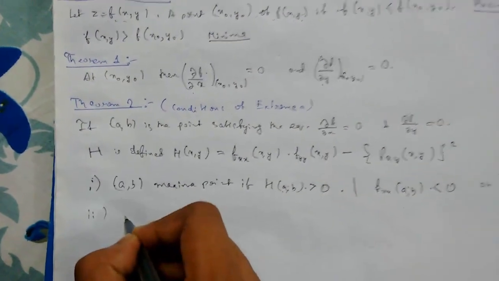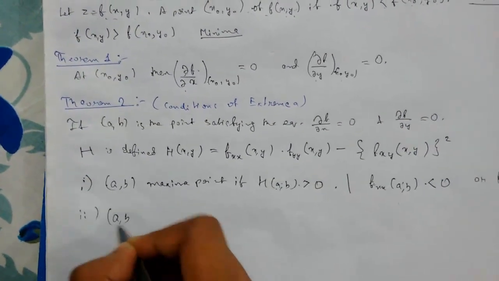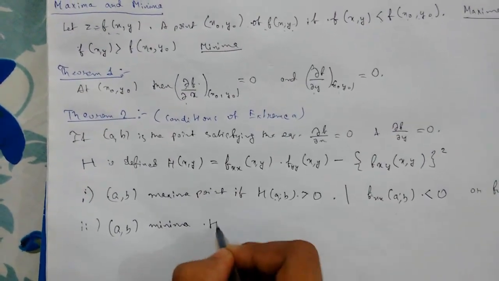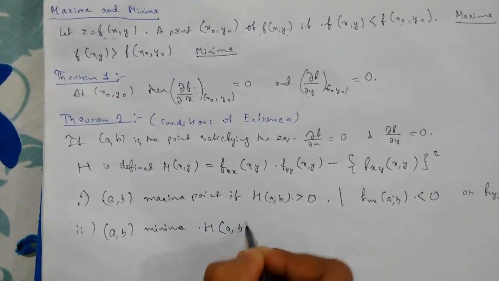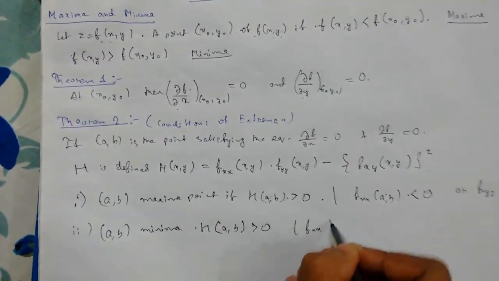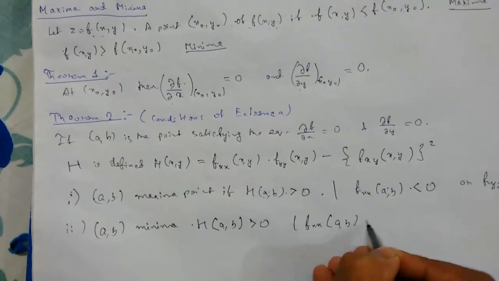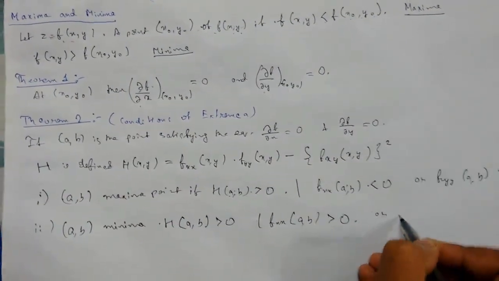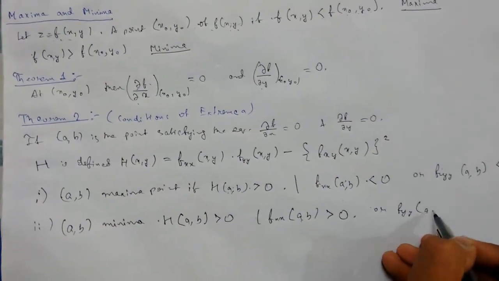For minima, (a, b) is a minima if h(a, b) must be greater than 0, and f_xx(a, b) must be greater than 0, and similarly f_yy(a, b) must be greater than 0.